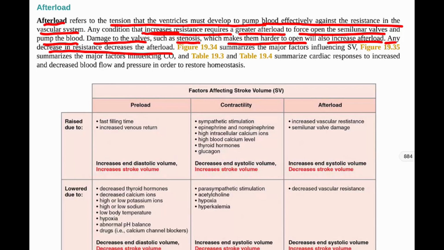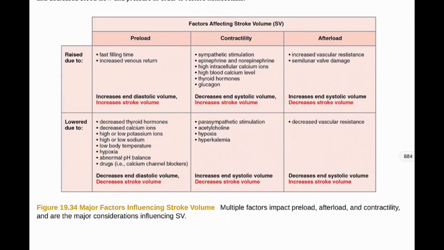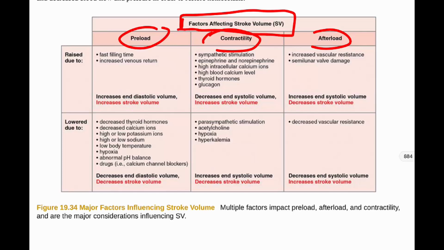All right, so then we have these charts here. Another good way to summarize the information. So talking about the preload, the contractility, and the afterload. These are factors that are affecting stroke volume. Again, these three things. And it talks about raised or lowered for each of these, and you should know those things as well.